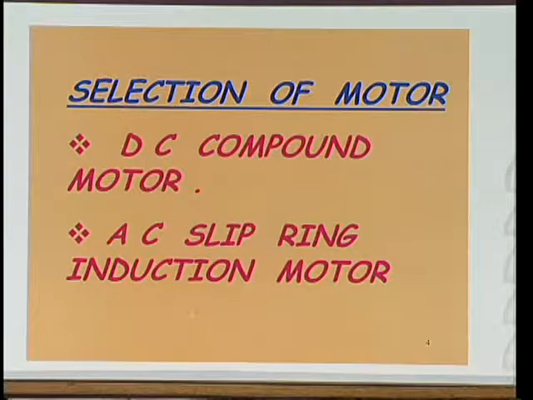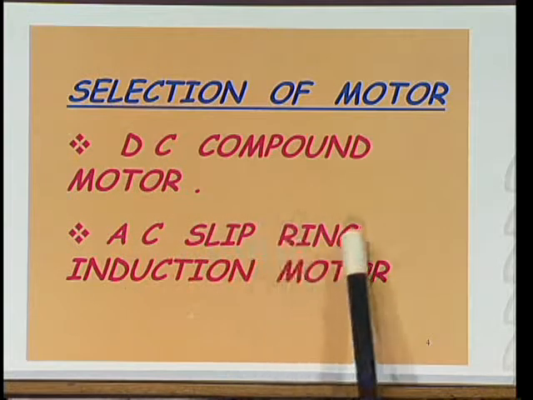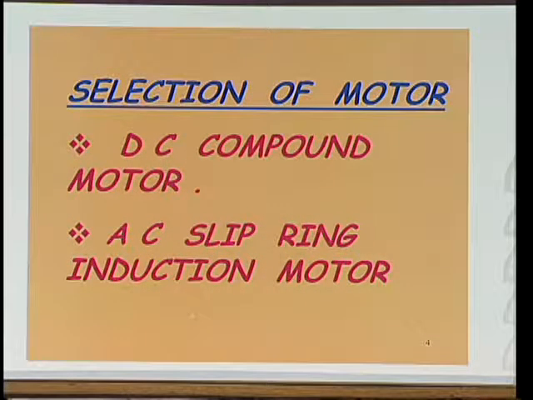Selection of motor: DC compound motor, AC slip ring induction motor. The motor used for the lift is the DC compound motor. In the case of a DC compound motor, we have the series winding as well as the shunt winding.